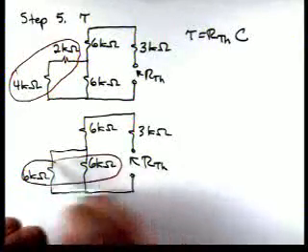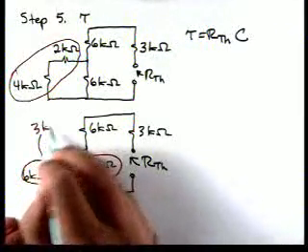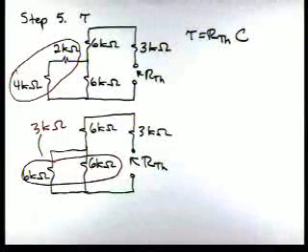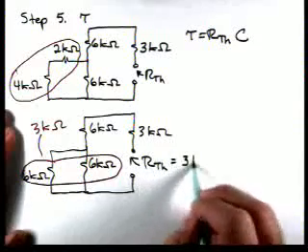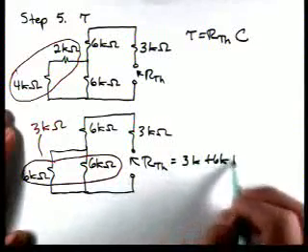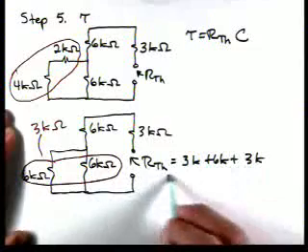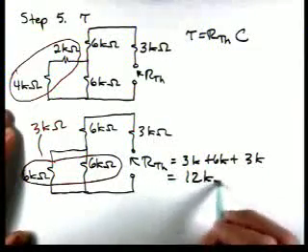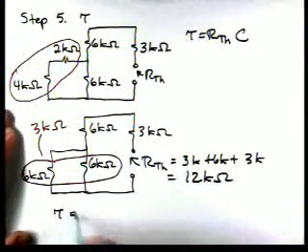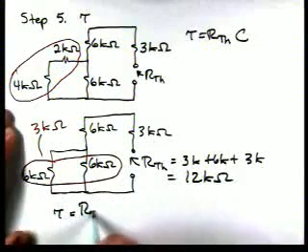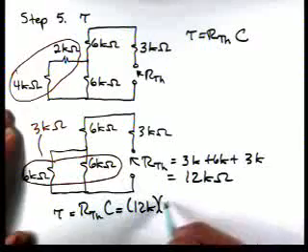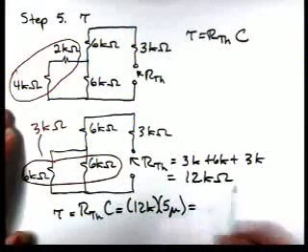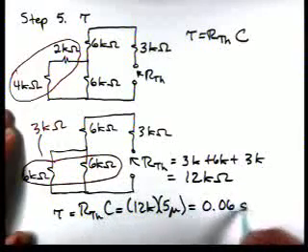And these two in parallel would be a 3K. So then R Thevenin turns out to be 3K plus 6K plus 3K, or 12 kiloohms. Then our time constant is R Thevenin C, so we have 12K times 5 microfarads, which gives us 0.06 seconds.